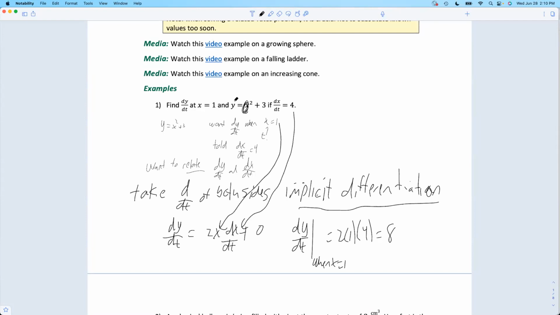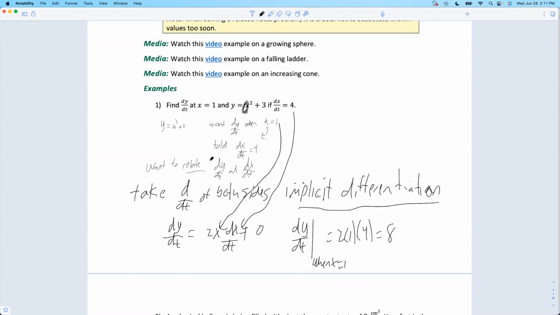Then we take the derivative, almost always with respect to time, of both sides to relate the derivatives. And then we just plug in all of our givens. Sometimes we got to do a little more algebra, but we're almost always solving for the derivative of one of the variables at a particular moment.